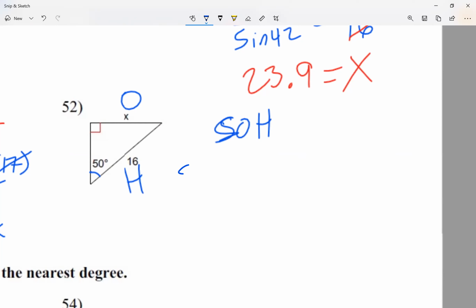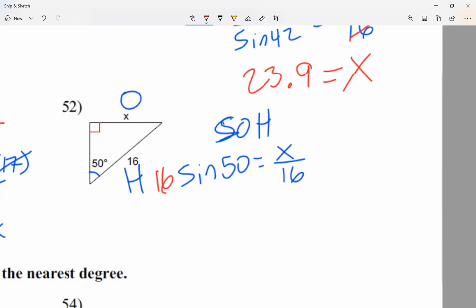So that means sine of 50 is equal to x over 16. Sine is opposite over hypotenuse. I have the x on the top, so that's good. I don't have to flip my fractions. I'm just going to multiply both sides by 16, because that gets my x by itself.